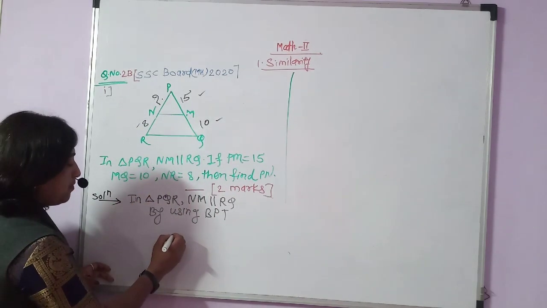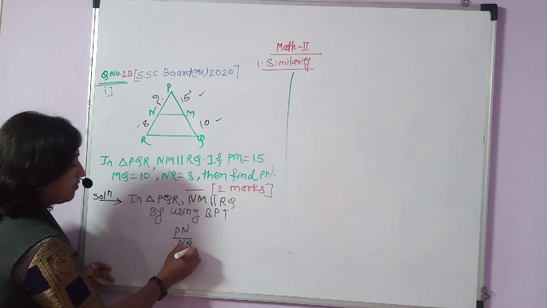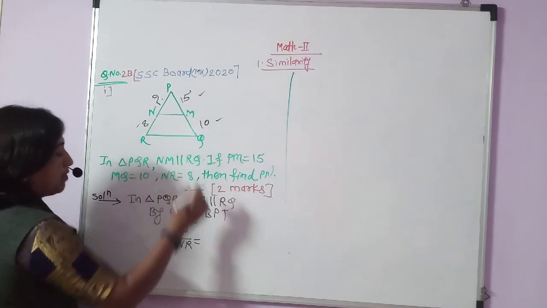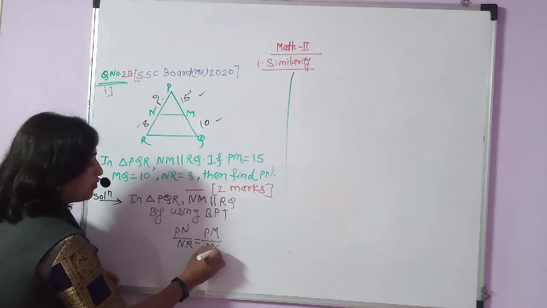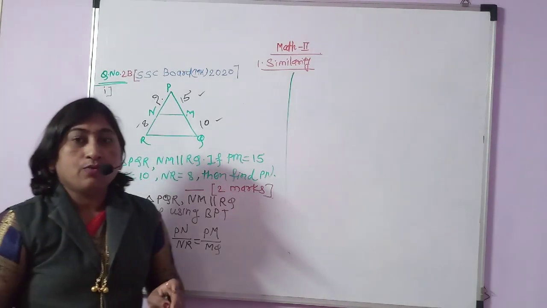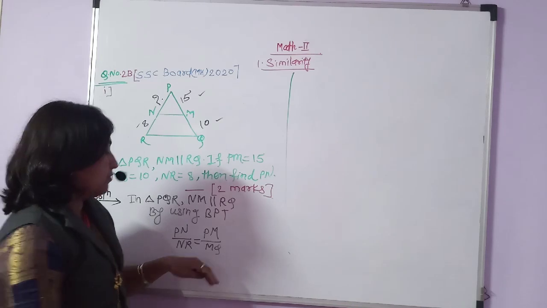We write here PN upon NR which is equal to PM upon MQ. And we put the given values in this equation.